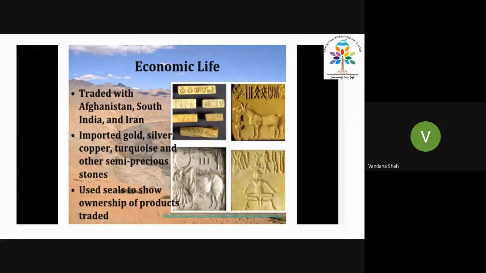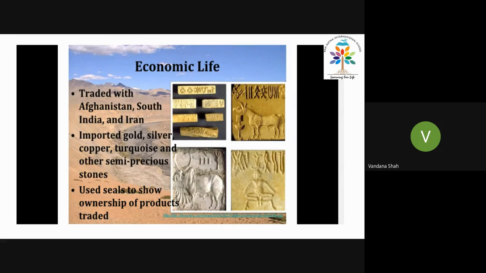So we need to build such a good relationship with other countries to flourish, to do business. And that's what they did at that time with Afghanistan, with Iran, and they used to import important things like turquoise, which was not there in the Indus Valley Civilization, so they used to take it from Iran. So in that way we can see how they were exchanging things, because here they were growing grains, and pottery and metallurgy, they were so expert.